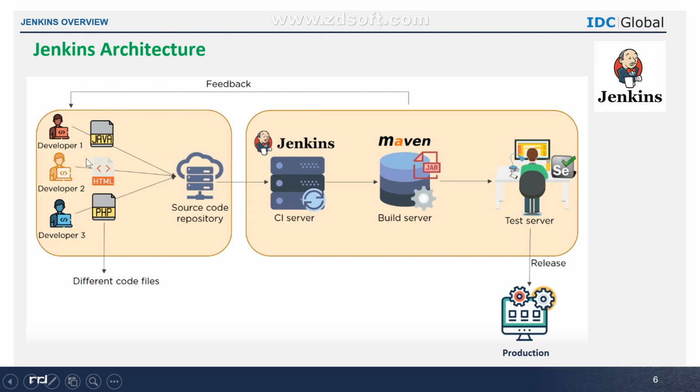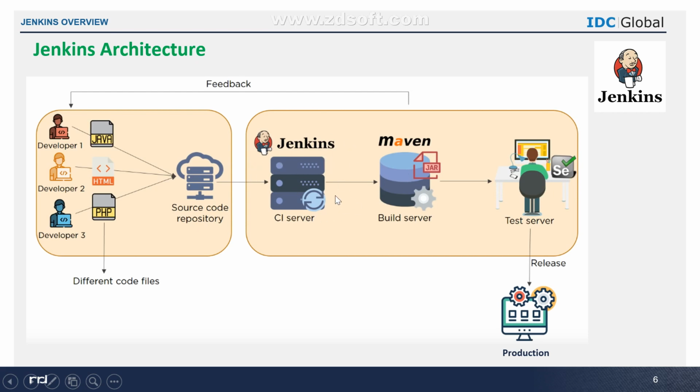Once the development is done, we move to the repository. So now the source code is available in the central repository. And what will Jenkins do? Jenkins keeps on monitoring our repository. Jenkins keeps on checking the repository for any new changes. If any new changes come here, Jenkins, with the help of Maven, will trigger the build.